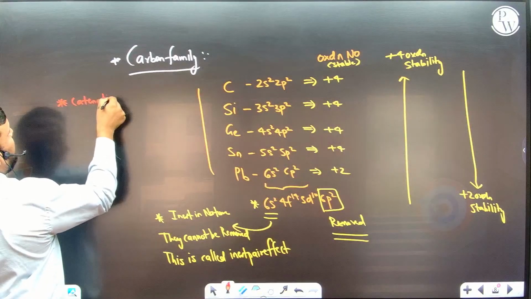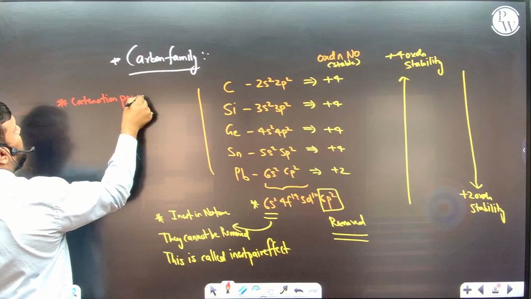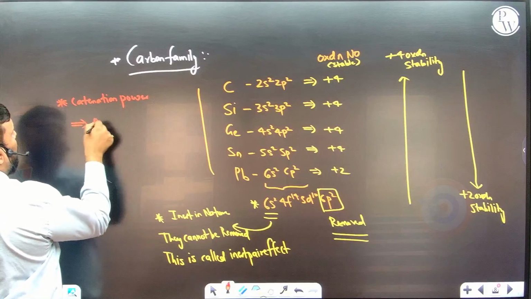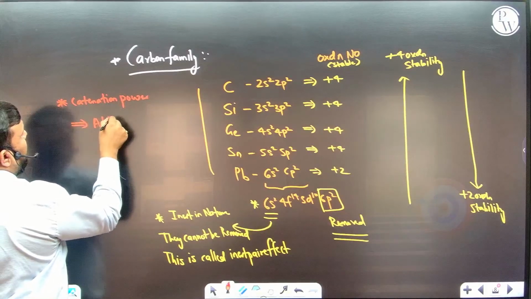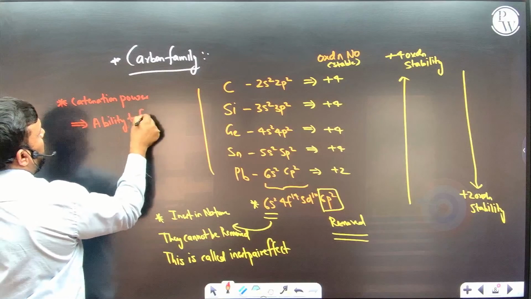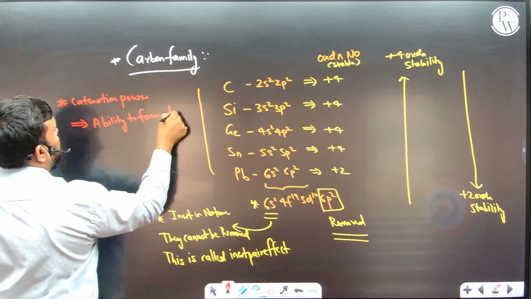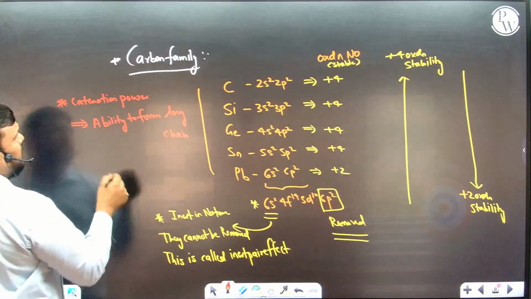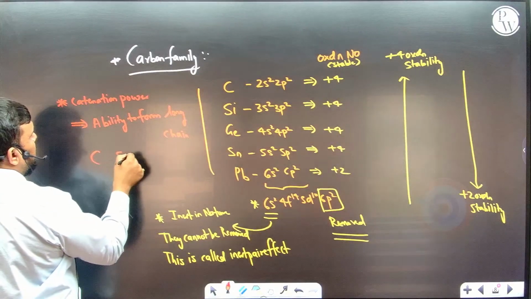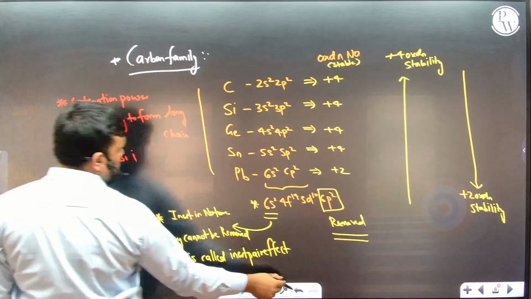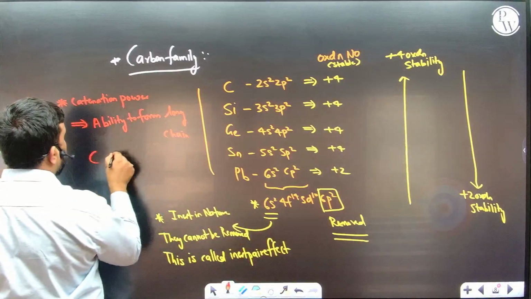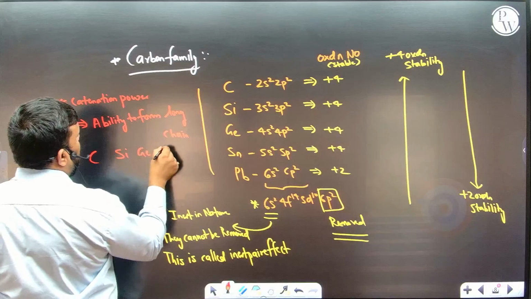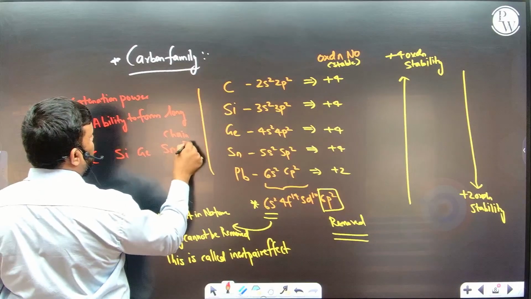So see, what is catenation power? Catenation power is nothing but the ability to form long chains. So in this you can see what will happen. Carbon, silicon, germanium, Sn, Pb lead.